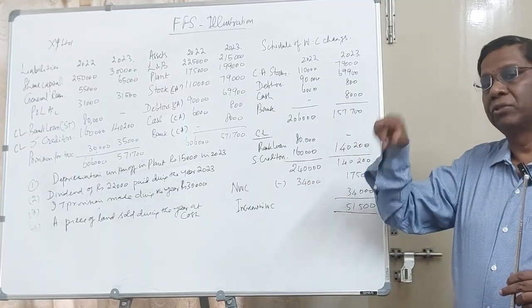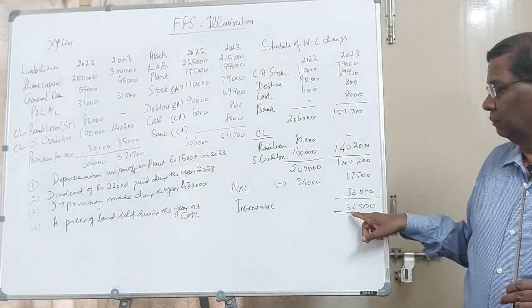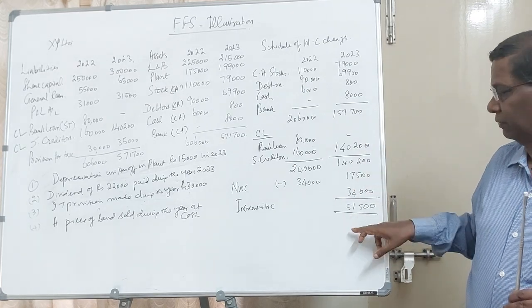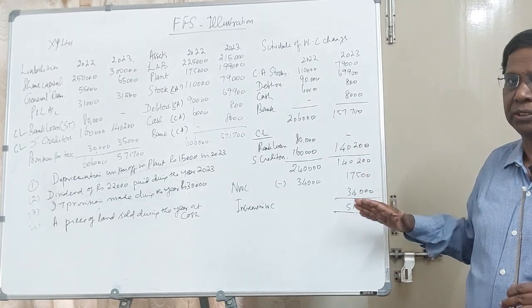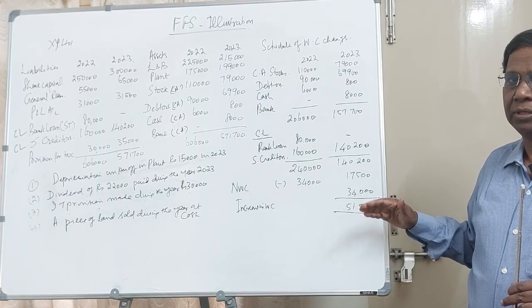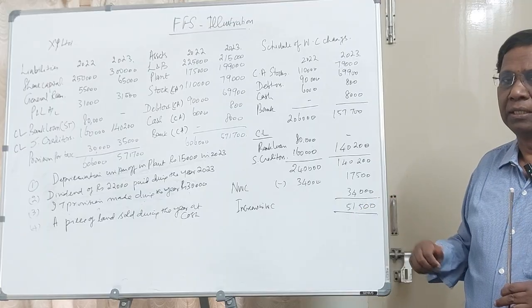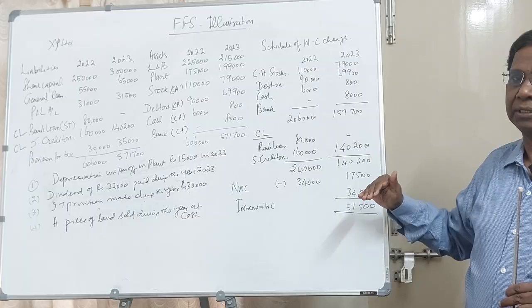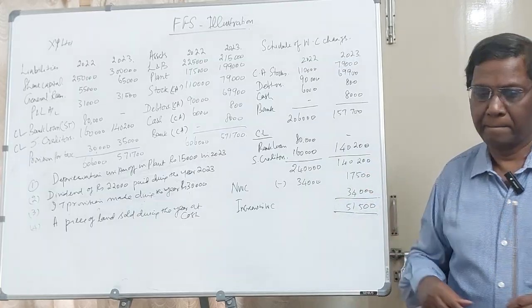In the funds flow statement, you have to show it as a use of 51,500. So just remember this figure, 51,500 is a use. Okay, now we'll switch over to funds from operations, how to do it.